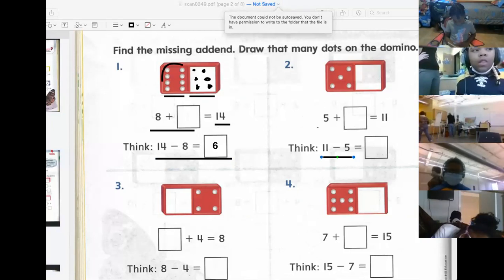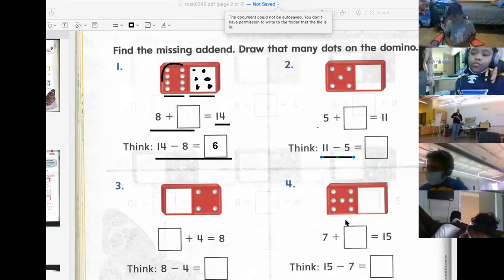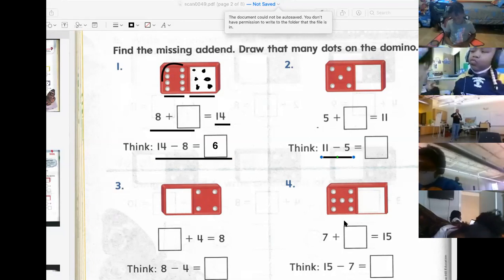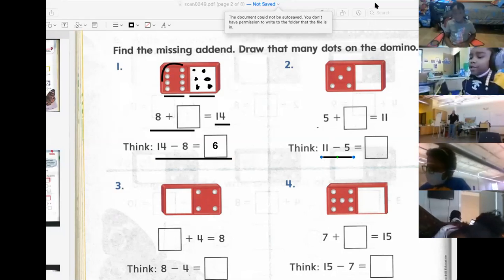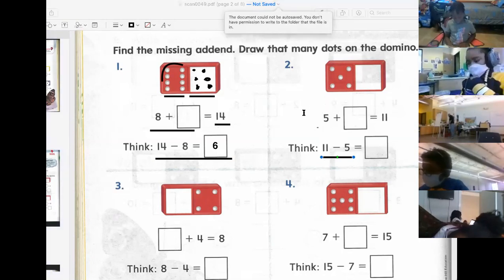So let's get 11 out here. 1, 2, 3, 4, 5, 6, 7, 8, 9, 10, 11. And we're subtracting 5, so we're just going to take away 5. So I'm going to put 5 back. 1, 2, 3, 4, 5.